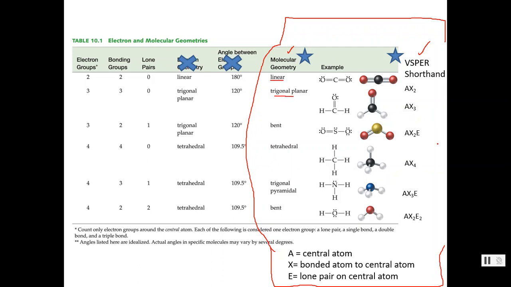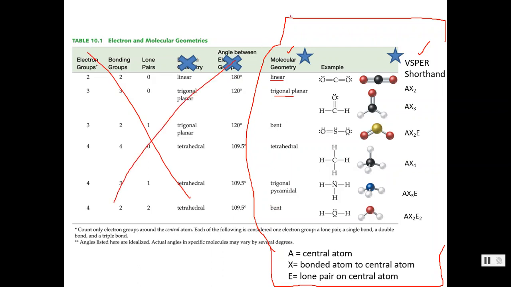And so you can see by looking at the VSEPR notation that once you start adding lone pairs of electrons, that changes the shape or the molecular geometry of the molecule. Now you can also say things about the angles in the electron geometry. We'll talk more about that in Chem 1.